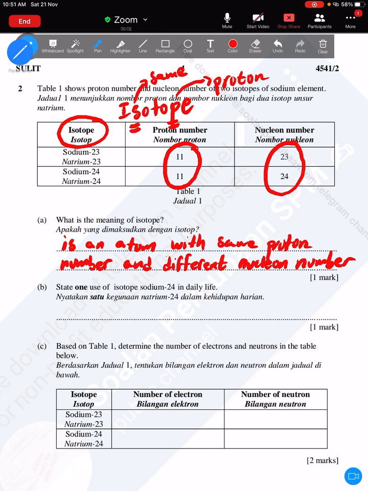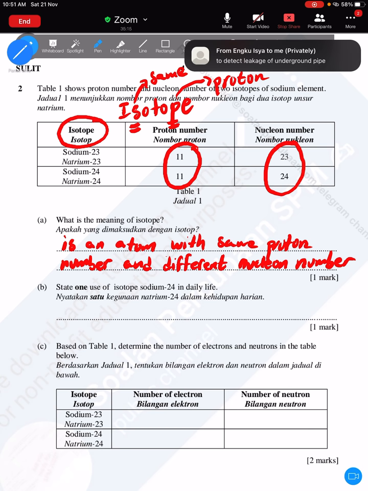Okay. My dear students, what is the use of sodium-24 in our daily life? Pandainya korang. Very good.